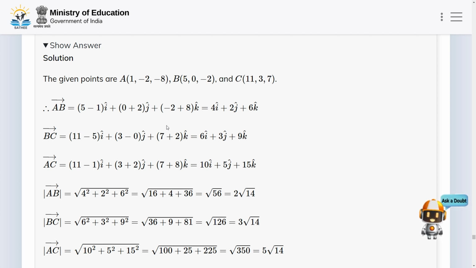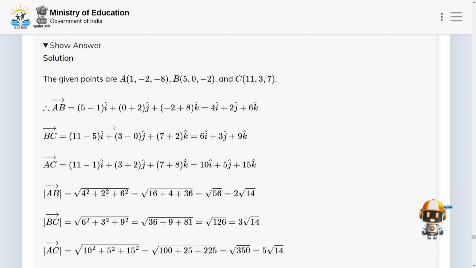Now divide this by 2. You will get 2i hat plus j hat plus 3k hat, so the scalar components will be 2, 1, 3. Now multiply with 3 and you will have 6, 3, 9. This means BC can be represented as 3 by 2 times the AB vector.